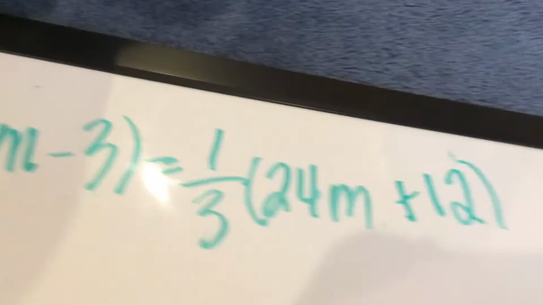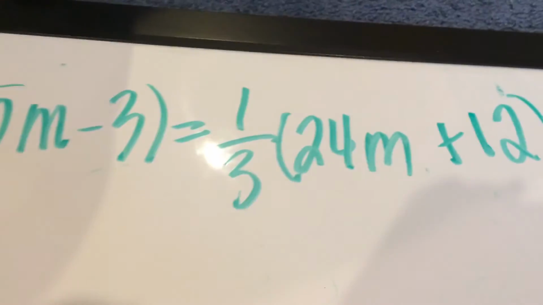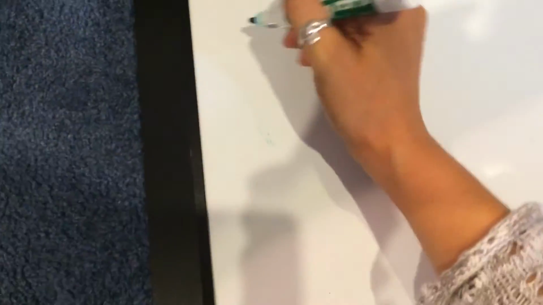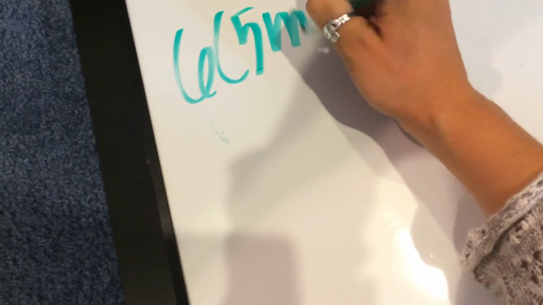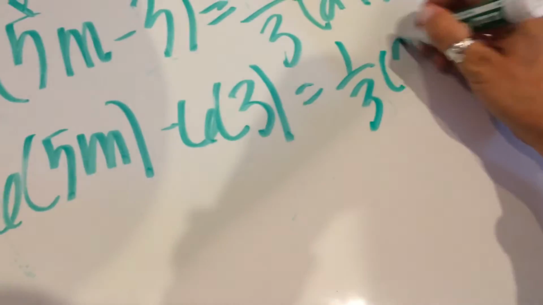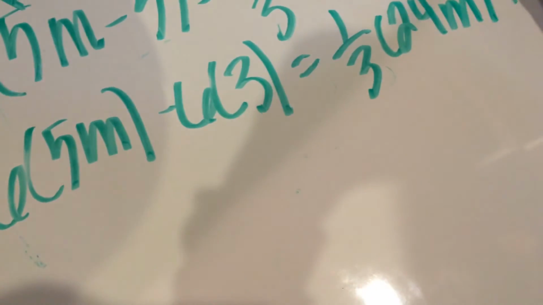Now this, we have to combine something that you already know and love. First, we've got to do the distributive property. So we're going to have 6 times 5m minus 6 times 3 is equal to 1/3 times 24m plus 1/3 times 12.